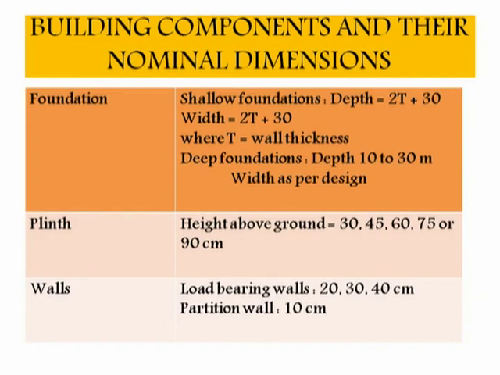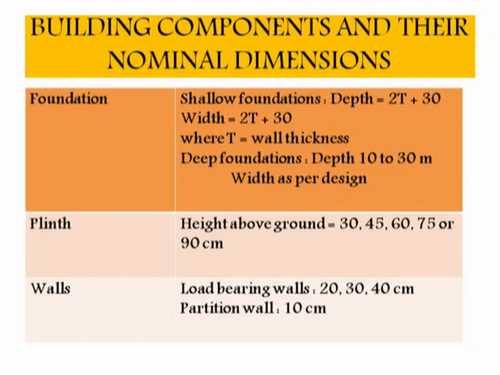Now we have seen the different building components. They are foundation, plinth, walls and many others. For these different components, we have to understand the normal dimensions and sizes. Let us see and understand what these different components mean to us and what the normal dimensions to be preferred are.